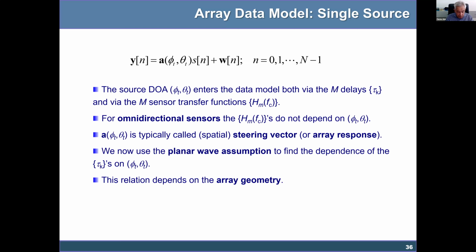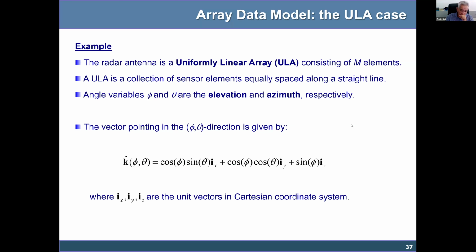Now, this relationship depends on the array geometry. So, to make this evident, let's assume that the array is uniform and linear. Linear means that all the elements are aligned over a line.